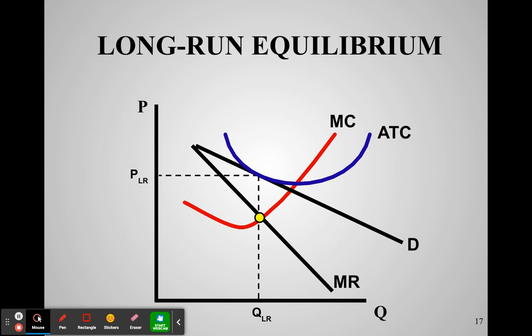Okay, so at this point, rewatch this video as many times as you need to understand how the graph represents a monopolistically competitive firm, how it really begins as a monopoly in the short run, has a profit, firms enter, and now there is an adjustment to our graph in the long run.